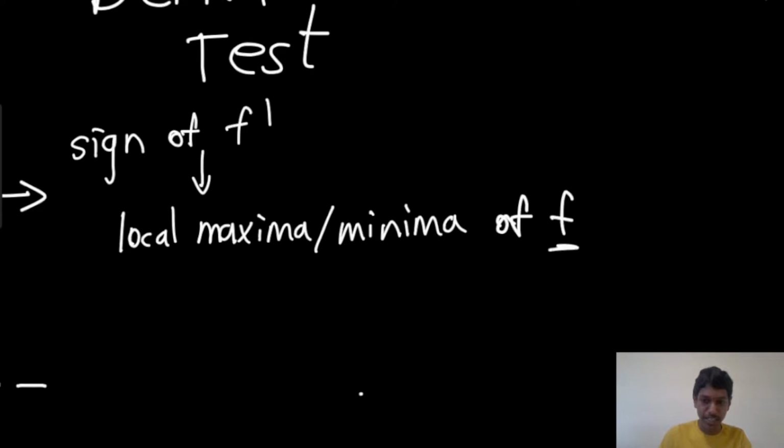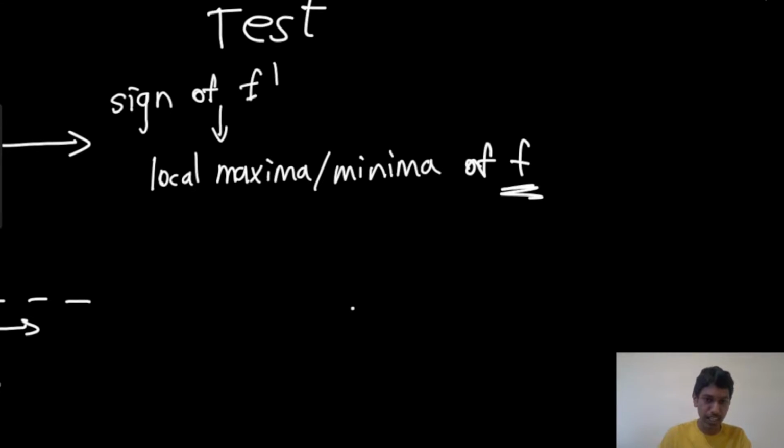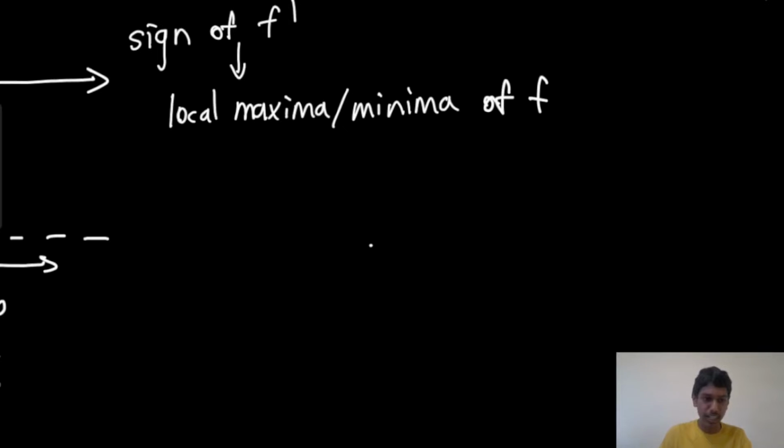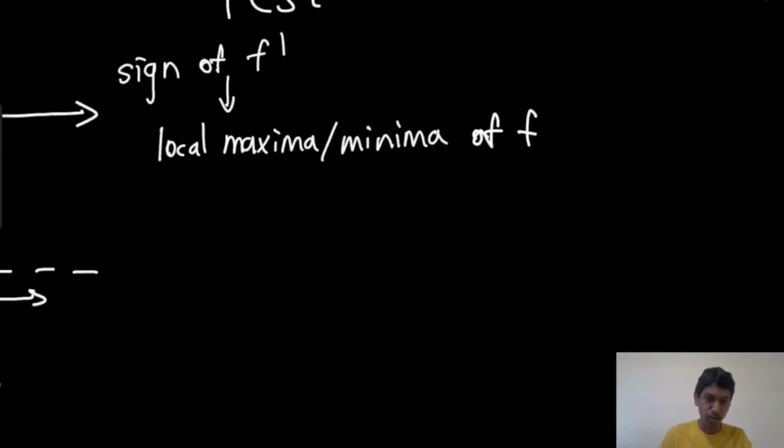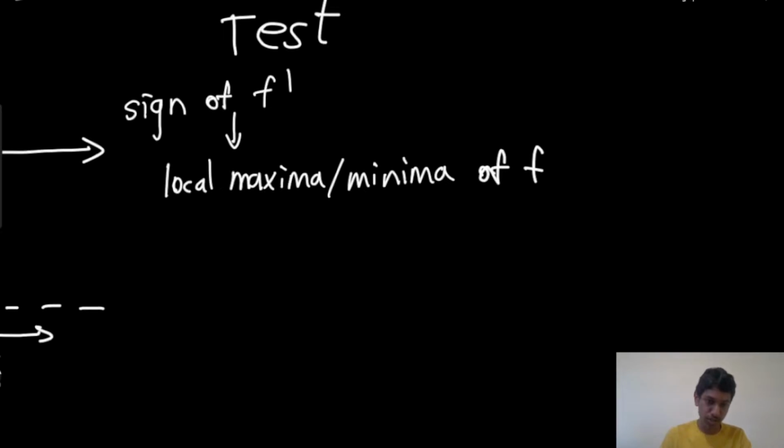So basically, if you want to find the local extrema of a function, then you can look at the sign of its derivative. Now this is kind of thematic with our last video where we talked about several graphical interpretations of the derivative, and you'll see that the lessons that we learned from the last video will also play a part here.